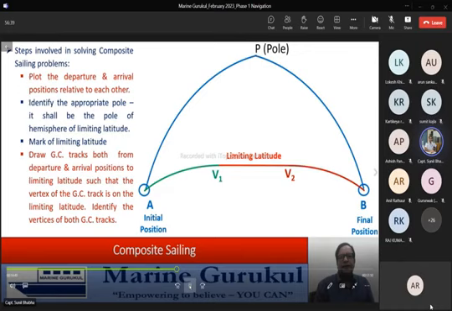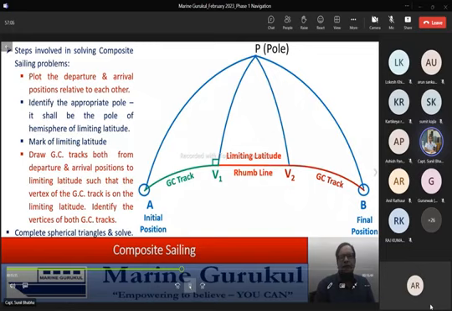Now this entire track from A to B has three stretches. One is A to V1, which is a GC track, V2 to B, again a GC track, and V1 to V2, rhumb line sailing along the limiting latitude. Now we can draw the meridians of V1 and V2.